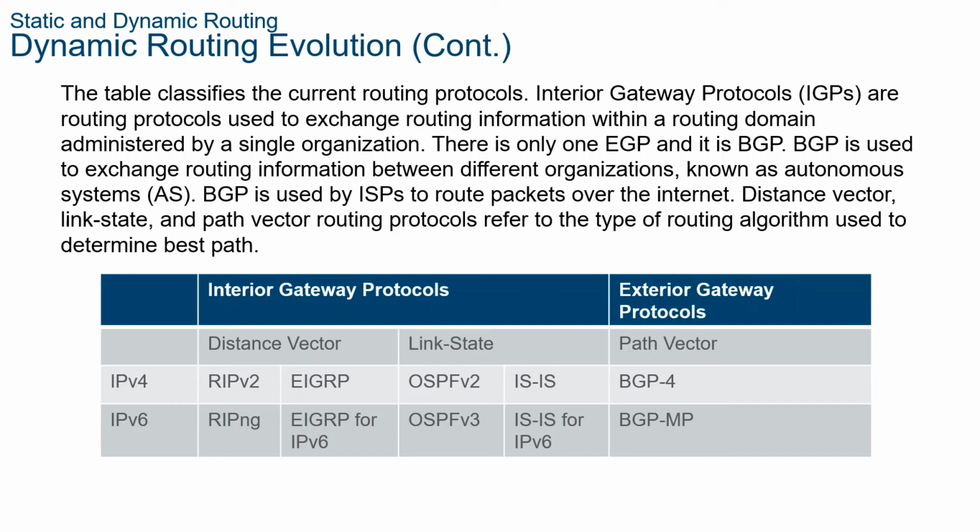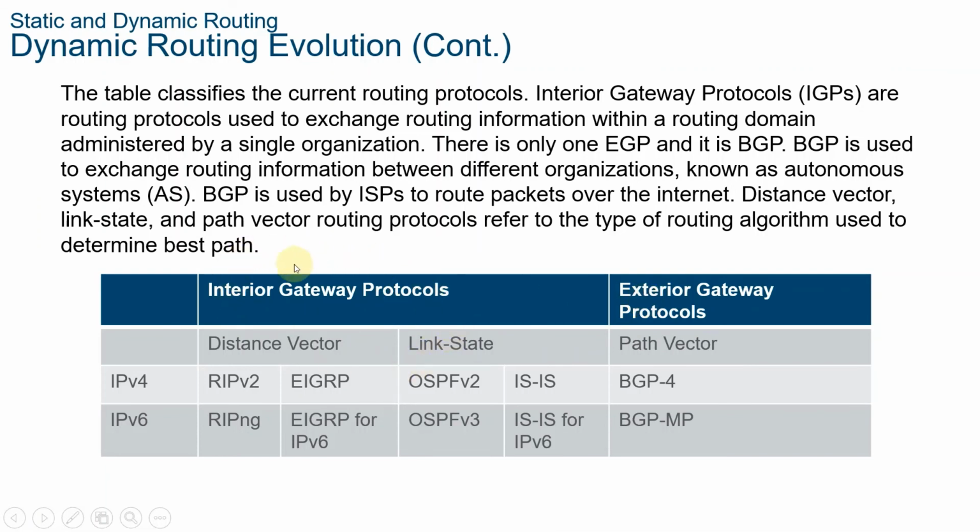BGP is used by ISPs to route packets over the internet. Distance vector, link state, and path vector are protocols under the interior gateway protocols.